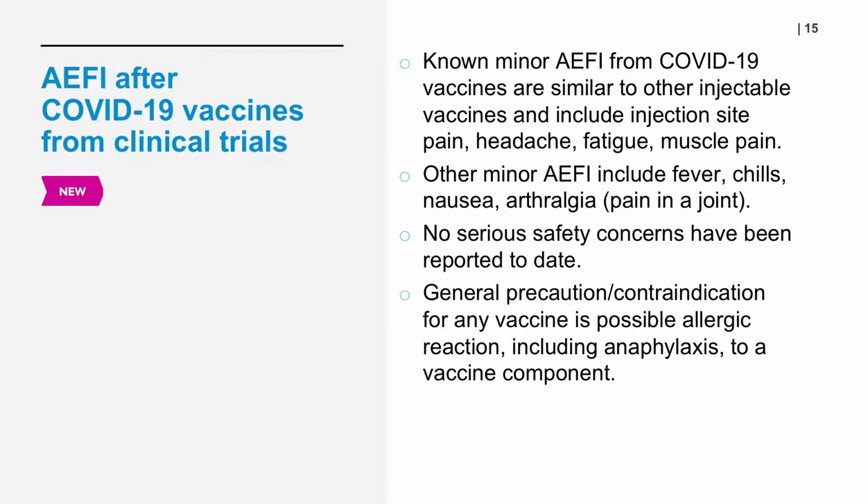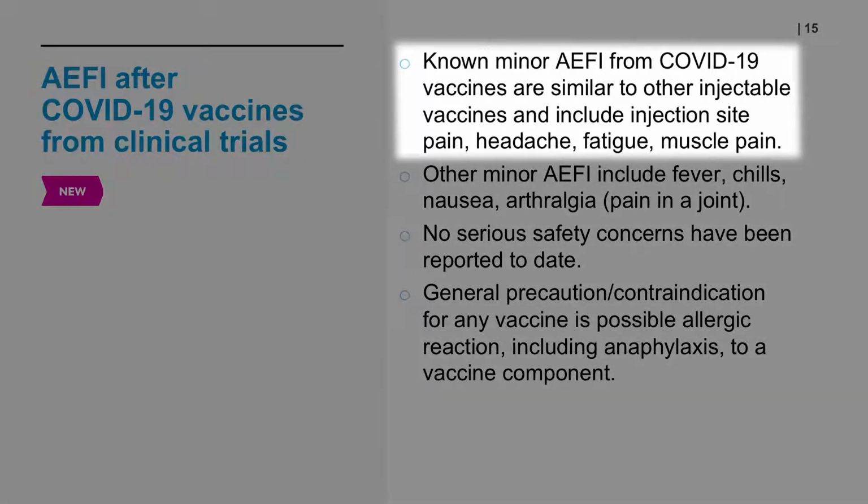So, what are the AEFIs to be anticipated after COVID-19 vaccine based on clinical trials? The known minor AEFI from COVID-19 vaccines are similar to other injectable vaccines and include injection site pain, headache, fatigue, and muscle pain.